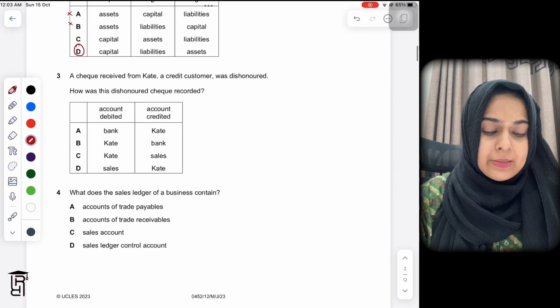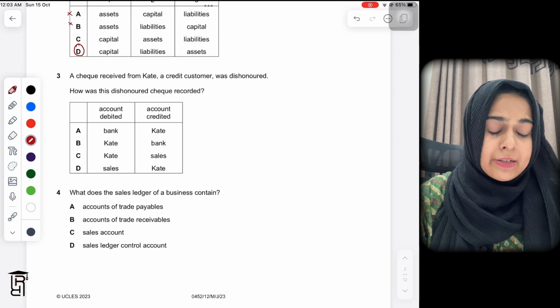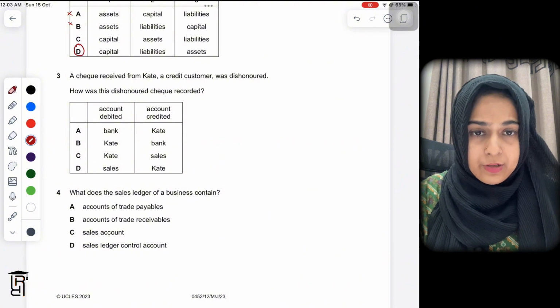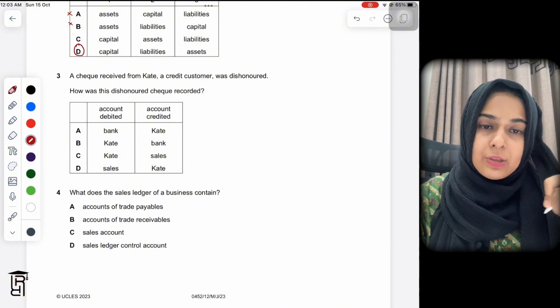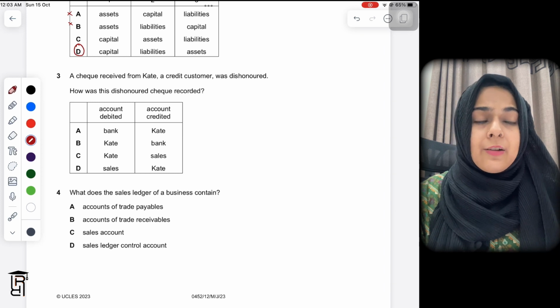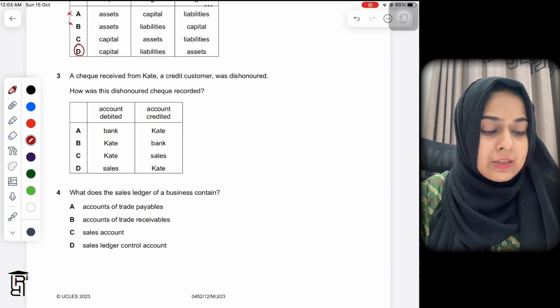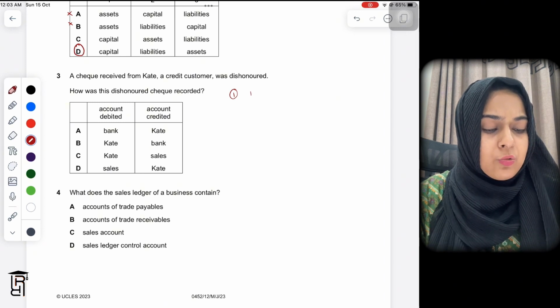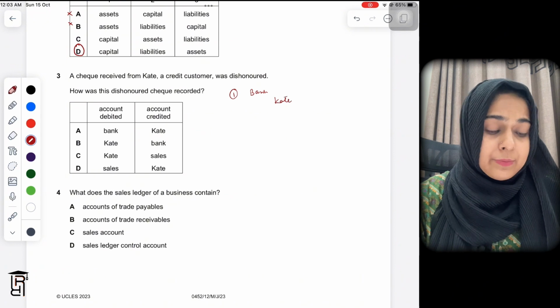The next question says a check received from Kate, a credit customer, was dishonored. How was this check recorded? Whenever you receive a check from your customer, at that time you don't know that it is going to be dishonored in future. So when you receive it, you debit bank and credit Kate, because Kate is the customer here.